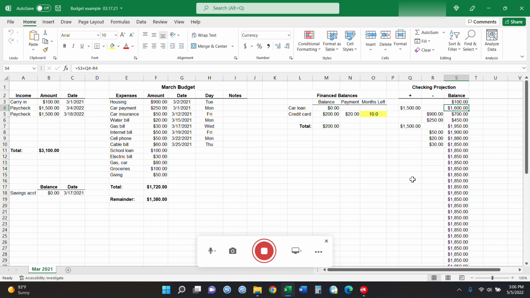They wouldn't be hit with that, usually about a $35 fee for overdraft. Which of course you really don't want to do, and it's not good for your credit score either, by the way. So this checking projection allows you to look and see, okay, is it possible that some of my bills are not timed right, they're scheduled on the wrong due date, and I need to maybe contact the company and say, hey, can we move this date out?